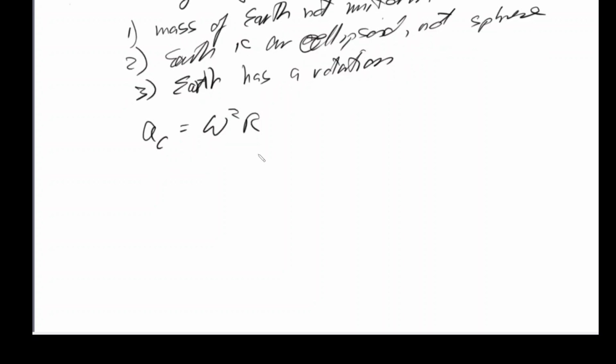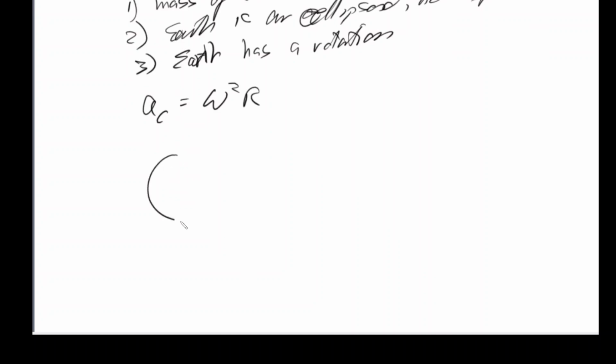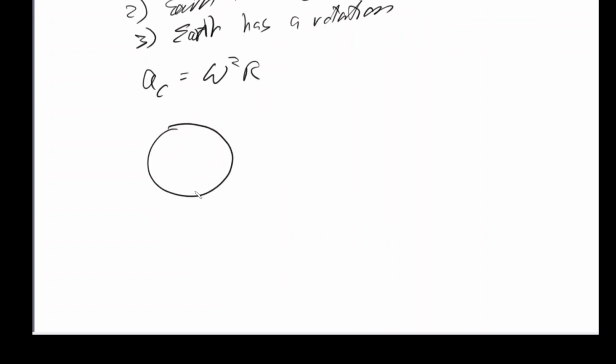So if we look at a diagram, here we have the Earth, and looking down on, let's say, the North Pole, but this is not rotating. Okay, so this is the equator. Well, let's say we're weighing something. So here's a spring scale with a mass sitting on it.